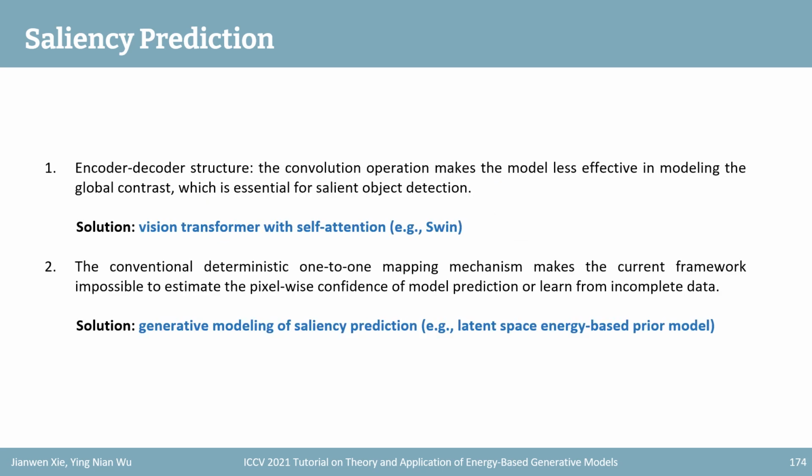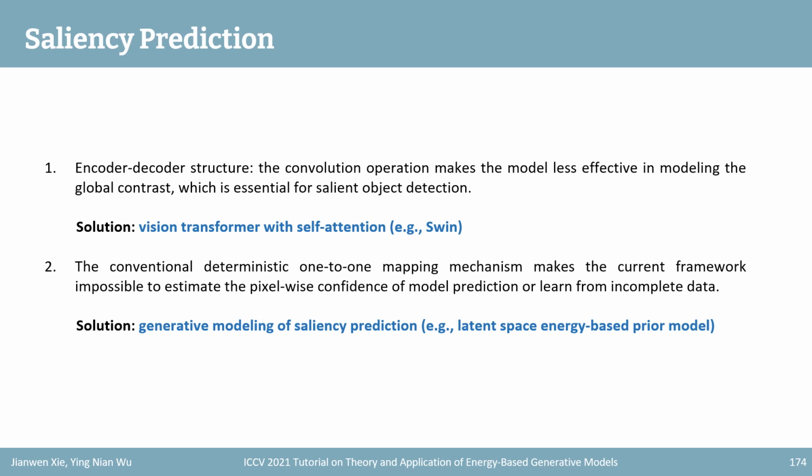Two main issues exist in the conventional deep saliency frameworks. First, the sliding window-based convolutional operation makes the deep saliency model less effective in modeling the global contrast, which is essential for salient object detection.